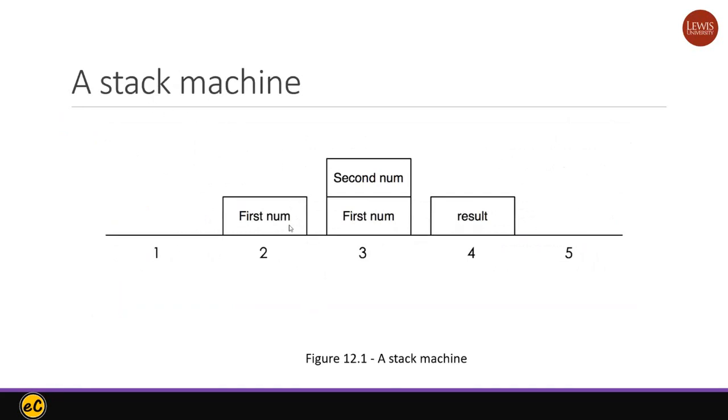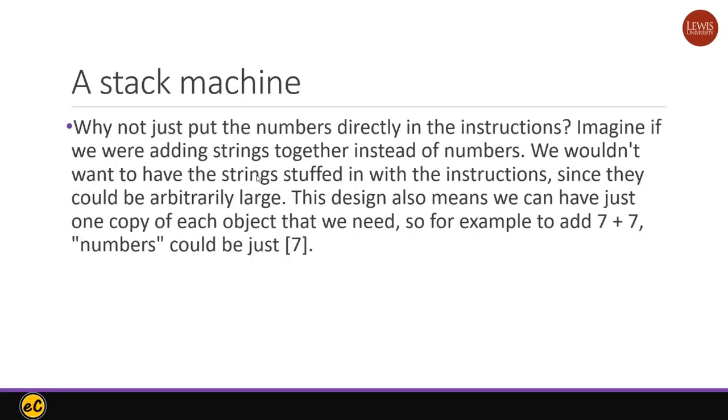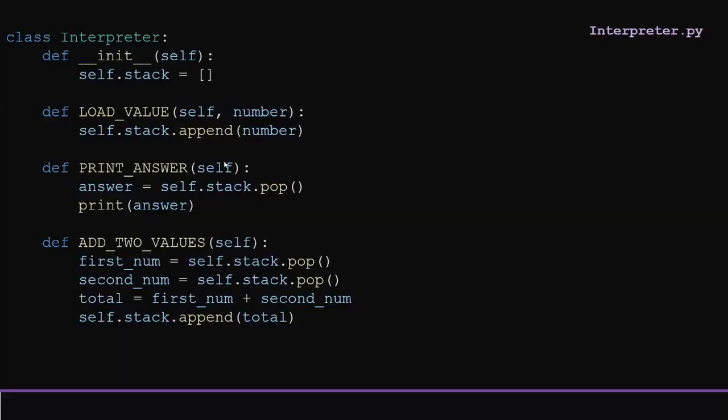And then we'll have a state machine coming with Byron. Okay. And you run these different instructions according to the number. Load value, you push the data to the stack, okay. Print answer, you pop out the answer and print it, okay.